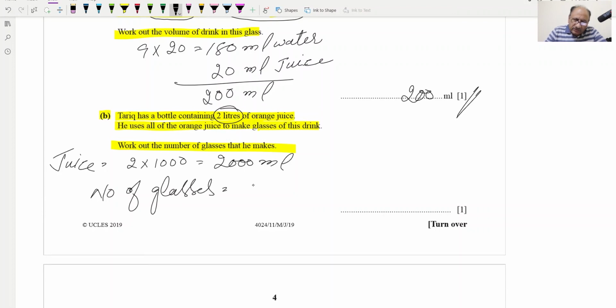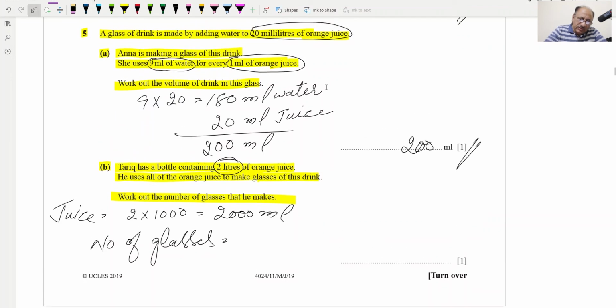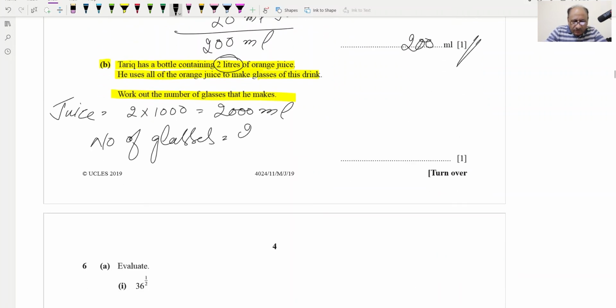Each glass contains 20 milliliters of juice, which is given in the main question. So we divide 2000 milliliters by 20, and after cancellation this will be 100. So 100 glasses will be made. This will be our answer, a 1 mark part which you have done.